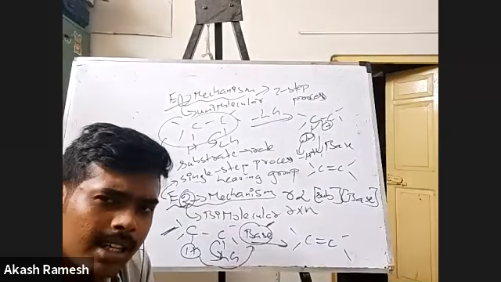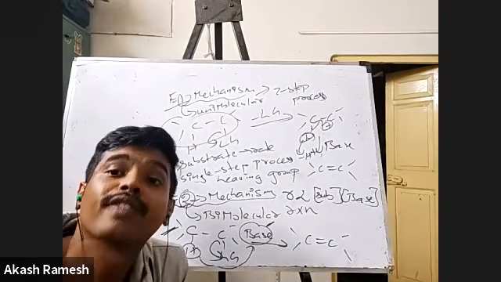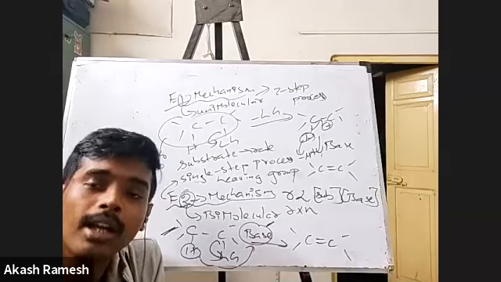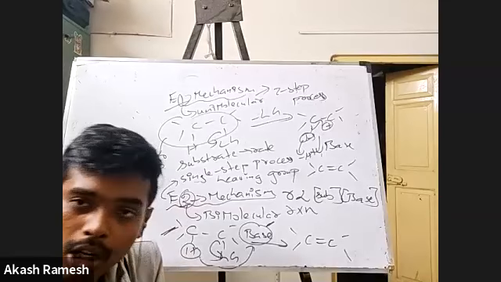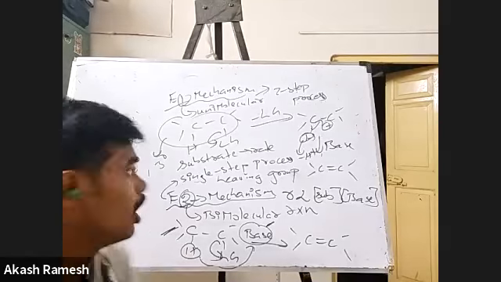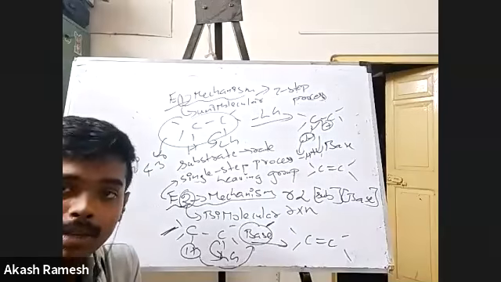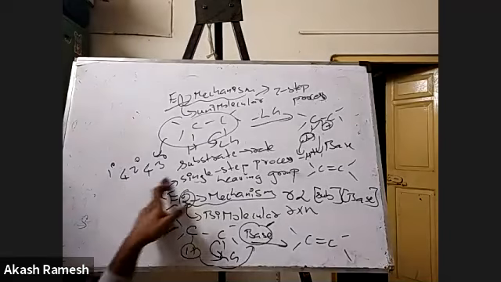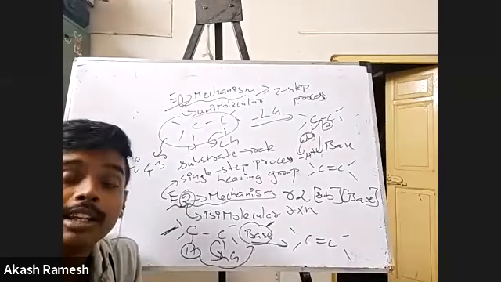So obviously a more stable carbocation is what is more favorable, is it not? More and more stable carbocation is more and more favorable. And I know the order of carbocation stability: tertiary is more stable than secondary, secondary is more stable than primary. So this will be the order of reactivity for the E1 mechanism.